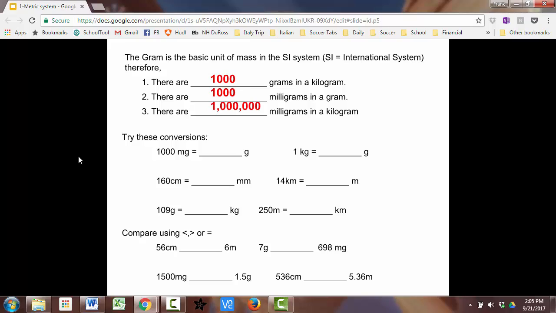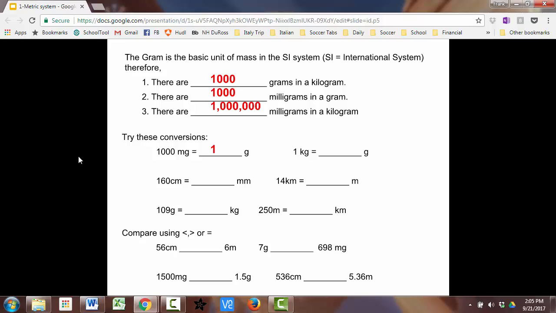But I don't have a decimal point. Make one. Where does it go? After the 0. Okay, what am I moving? 3 times to the left. 1, 2, 3. Put it there. How many grams?